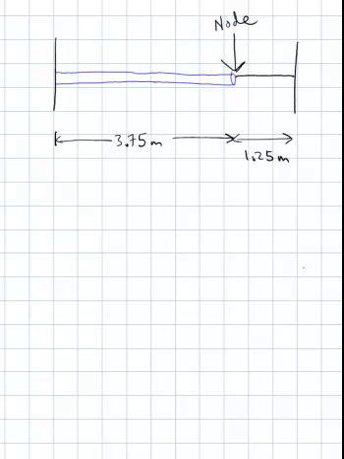So we need lambda. We need the wavelength. And there's one thing that we know is true for all waves. The speed is the wavelength times the frequency. And these are strings. And there's something we know about strings.